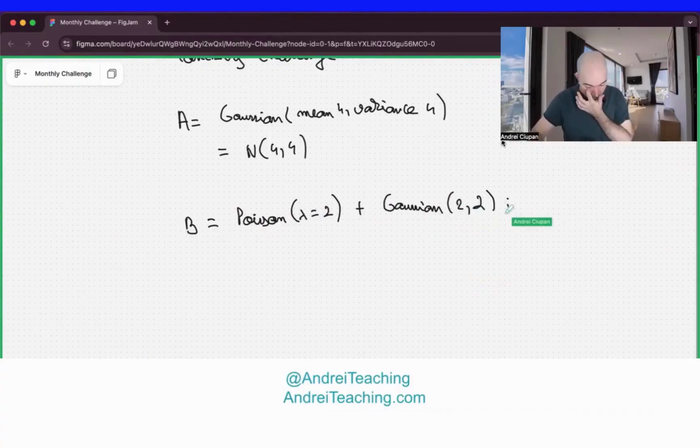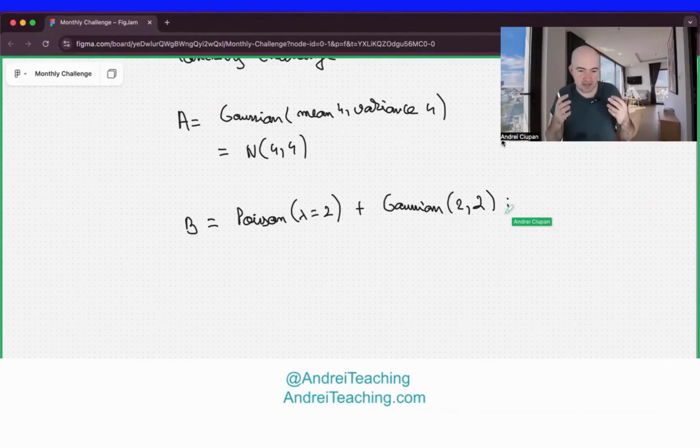Okay. One more thing. What does it mean to add two random variables? Well, if we remember the analogy with the box where we press a button and we get a number, if we want to add two random variables, then imagine we press the Poisson box and we get a number, then we press the Gaussian box and we get a number, and then we add these two.